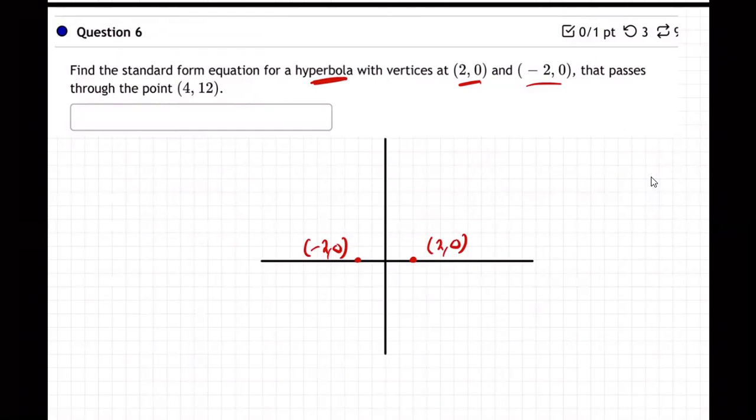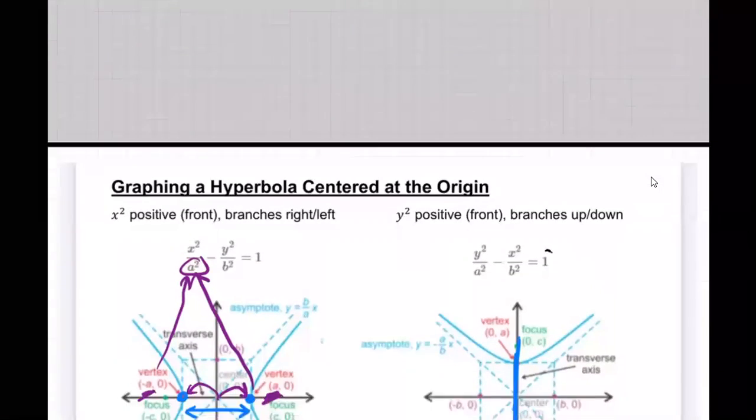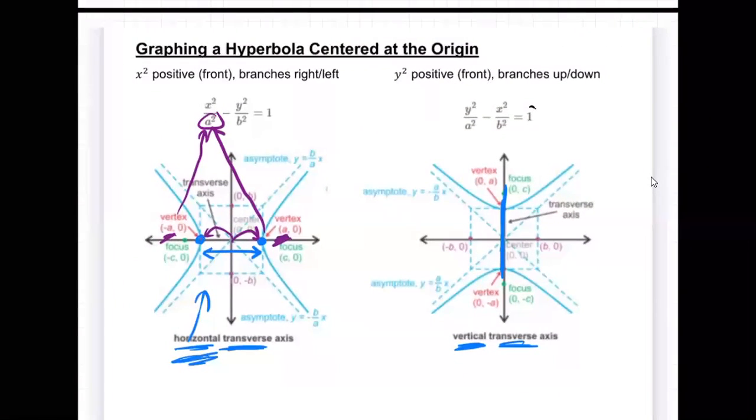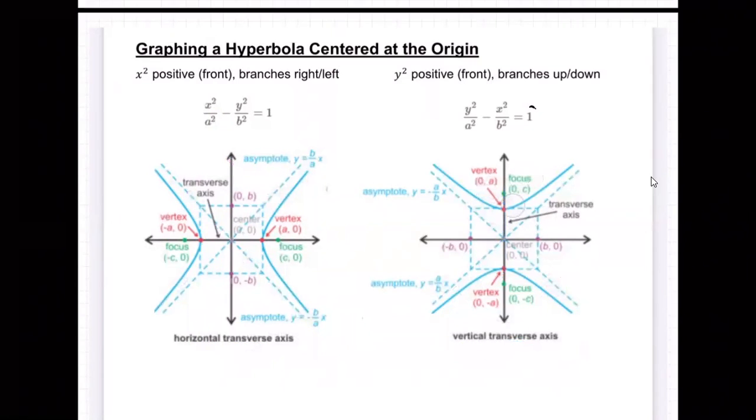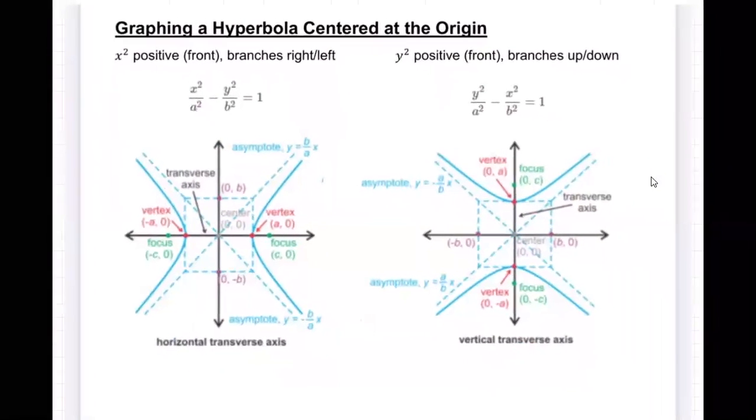Now, what does that mean? It calls them vertices. Well, if you look at the notes that I gave you, where do you see the word vertices? You don't see vertices, but you see the singular vertex. So these 2 points are the vertices, the plural of the word vertex.